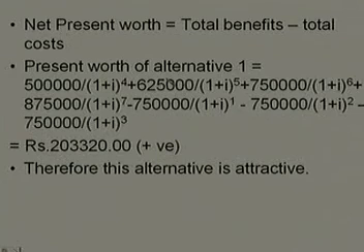If you do not want to use these formulas, straight away you can refer to the interest factors table. And which factor will you be finding? You will find P given F at an interest rate of 10% for period 4, period 5, period 6, period 7 and period 8.